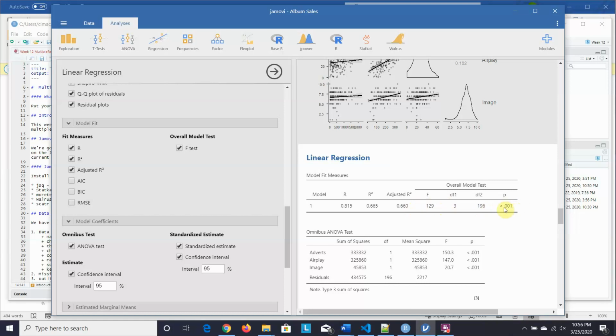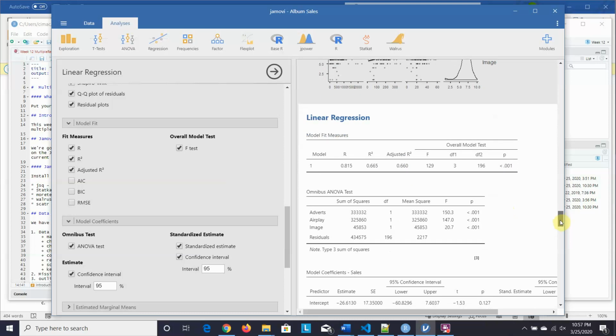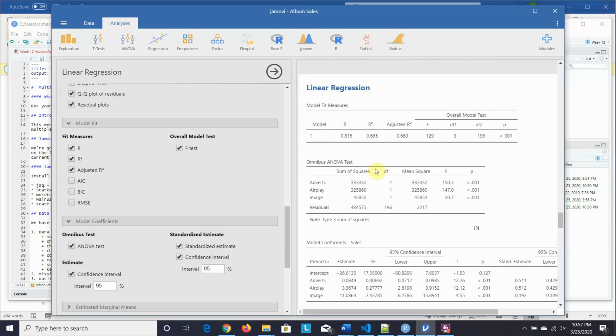We're going to reject the null that the two models are the same. We're going to say that our model with the predictor variables is significantly different, and as we can see, has a large coefficient of determination, and so we have a decent model, pretty much. So now we're going to look at the parts of the model.